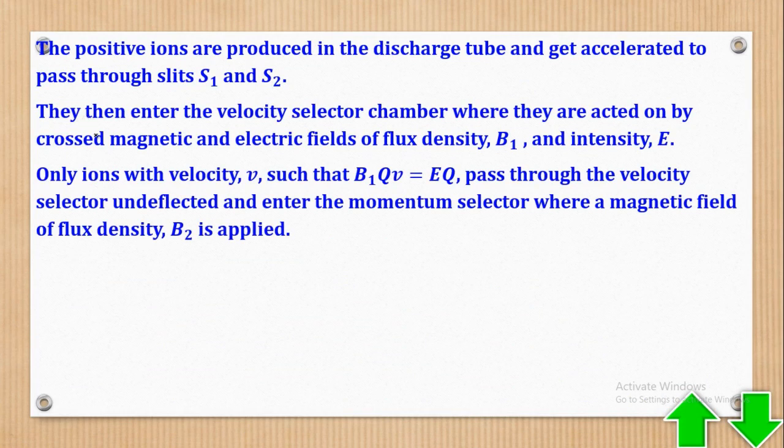So line 3 says, only ions with velocity v such that B1 q v is equal to E q pass through the velocity selector undeflected, and enter the momentum selector where a magnetic field of flux density B2 is applied.